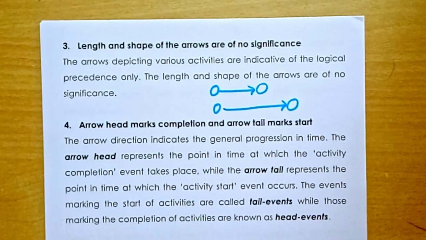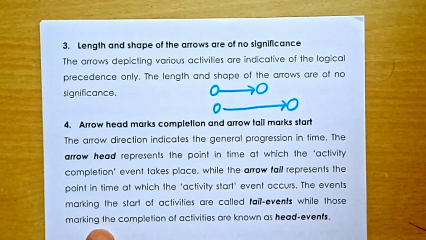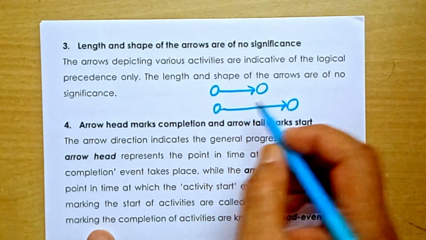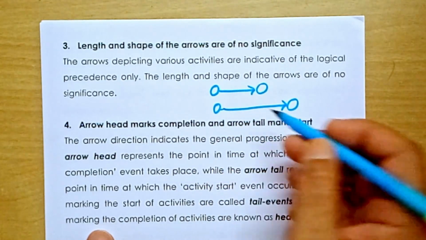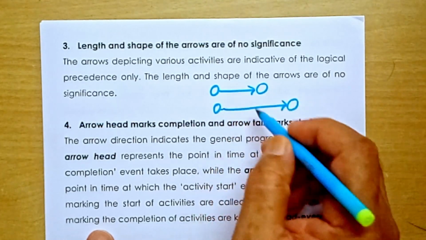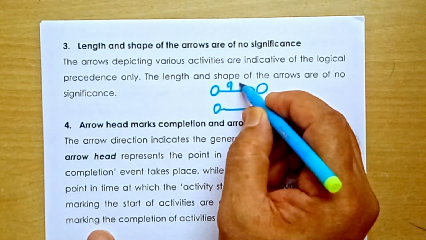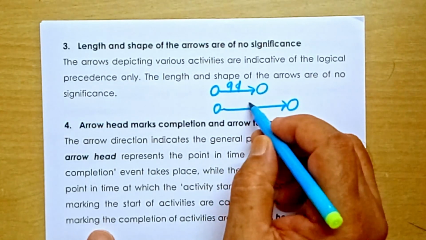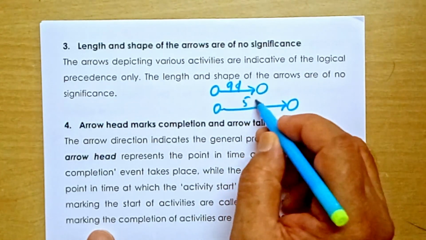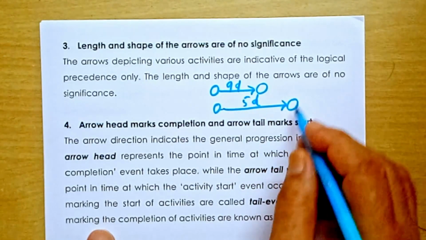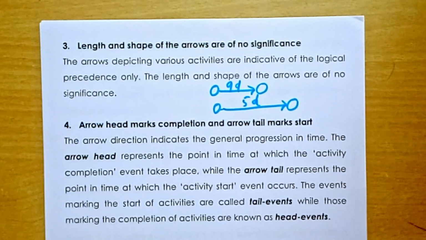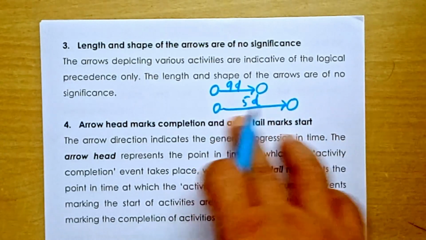But both these arrows may represent the same days, or maybe this is 9 days and this is 5 days. There is no significance of the length of these arrows.